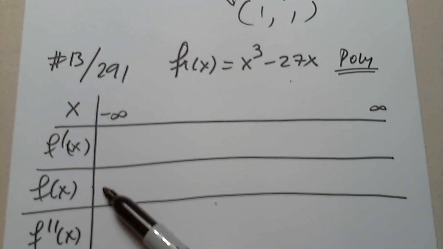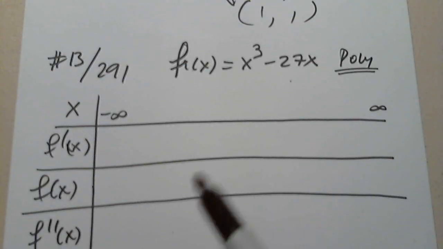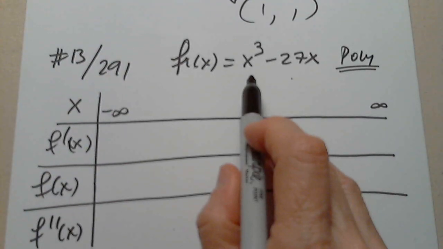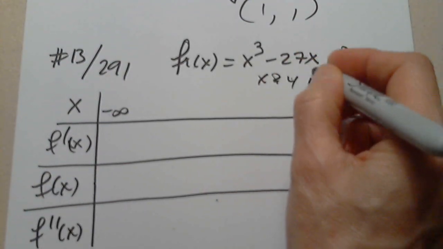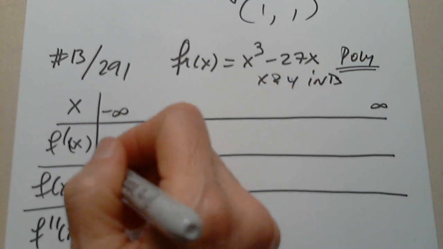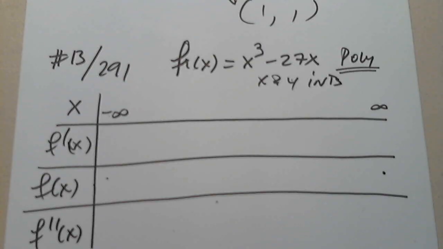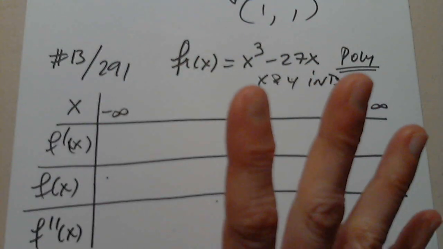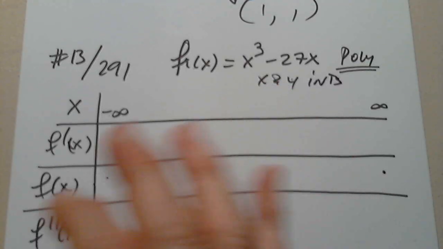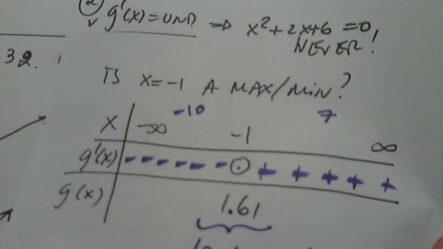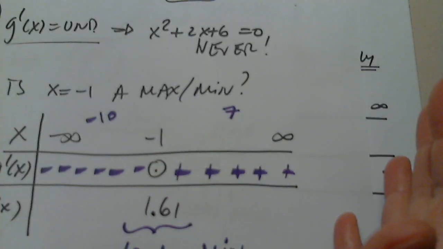Normally, what I need to do is find x and y intercepts, and limits at infinity. Why all of a sudden am I bringing more information in? Because in the previous examples, we were only asked to find critical numbers.